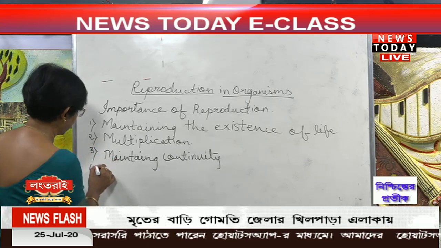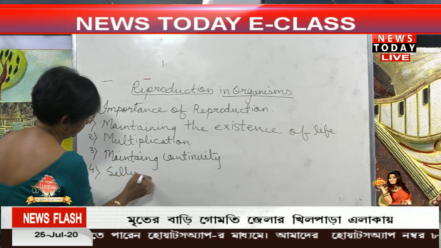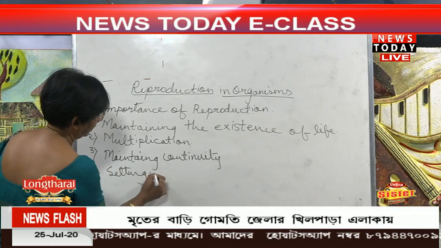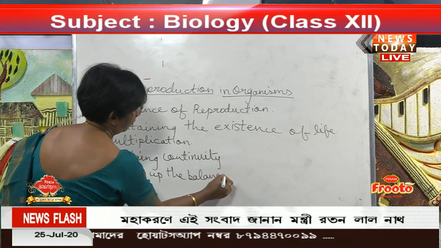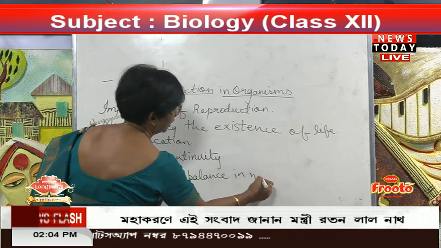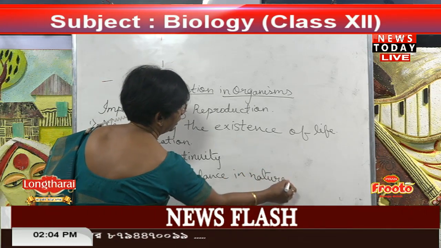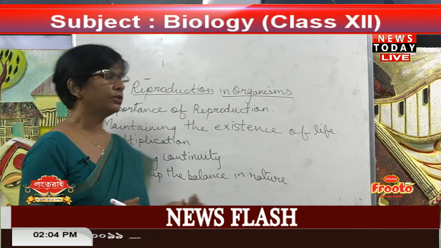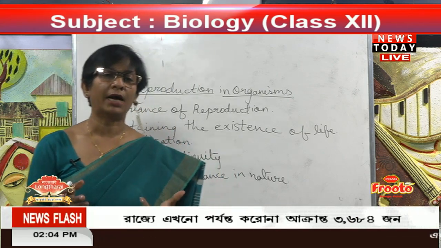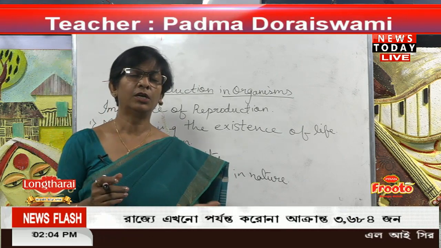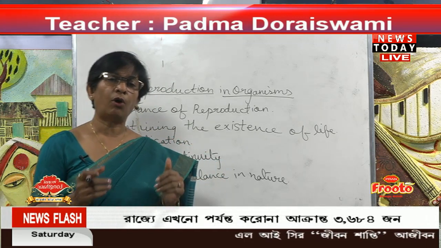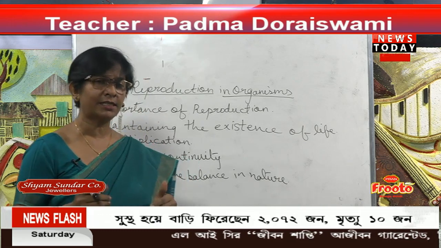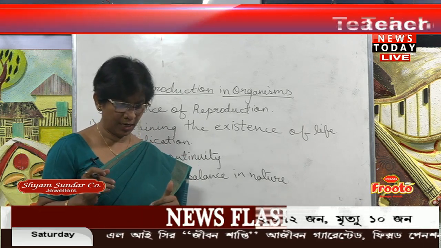So fourth one is setting up the balance in nature. If I give one example, if there is only the human being and no plant on the surface of the earth, from where will we get oxygen? That is why all the organisms are very necessary on the surface of the earth.